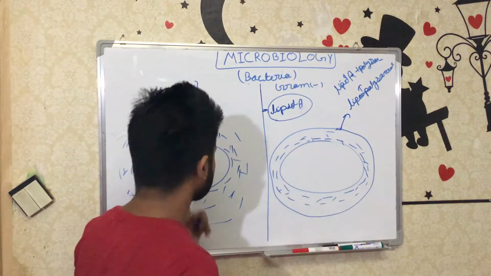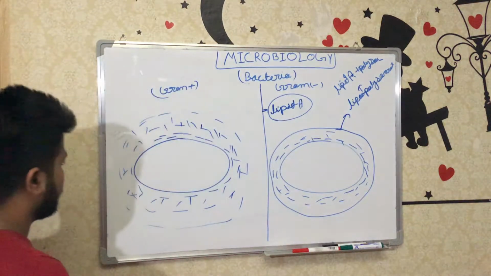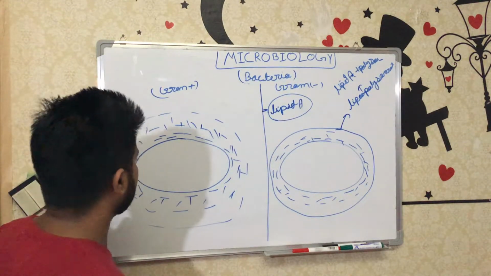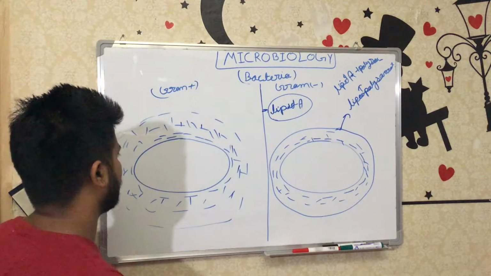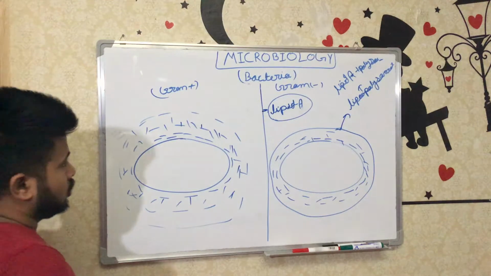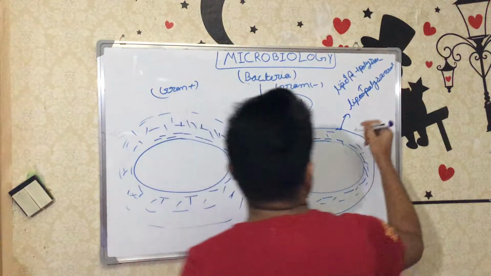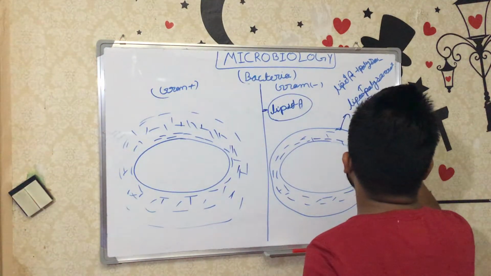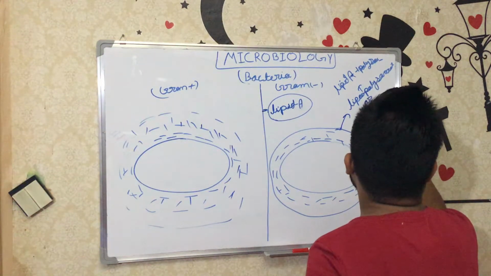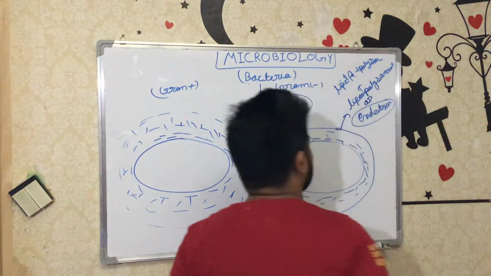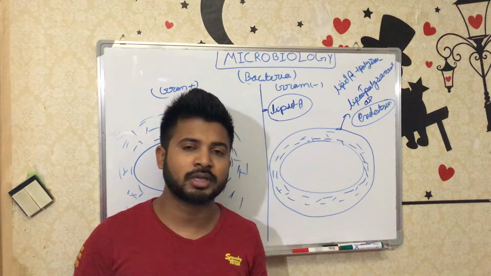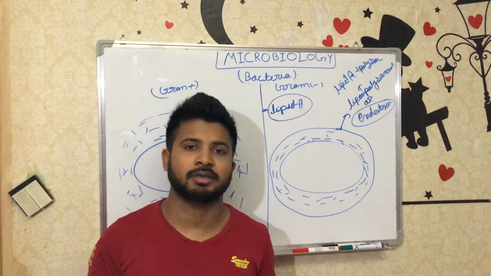But a gram positive bacteria is not protected as well as a gram negative bacteria, because it doesn't have the additional cell wall, just a thick peptidoglycan layer. Lipopolysaccharide is also called endotoxin. Whenever you hear endotoxin, you can be 100% sure it's a gram negative bacteria.